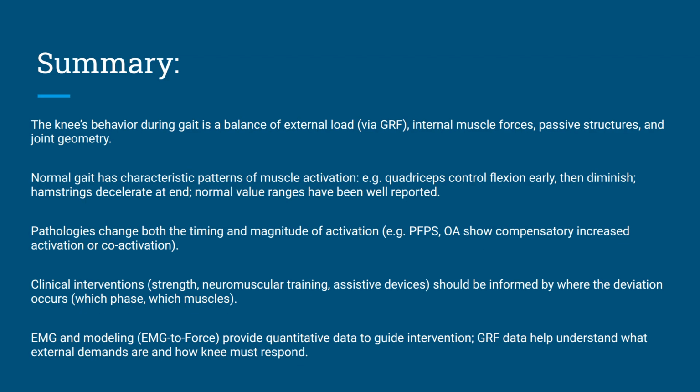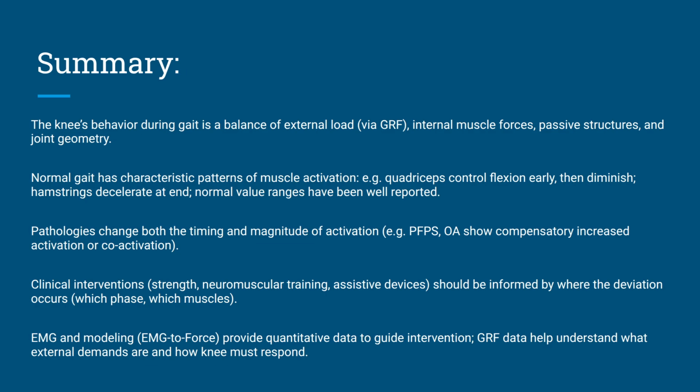In summary, the knee's behavior during gait is a balance of external load, internal muscle forces, passive structures, and joint geometry. Normal gait has characteristic patterns of muscle activation. Pathologies change both the timing and magnitude of activation.